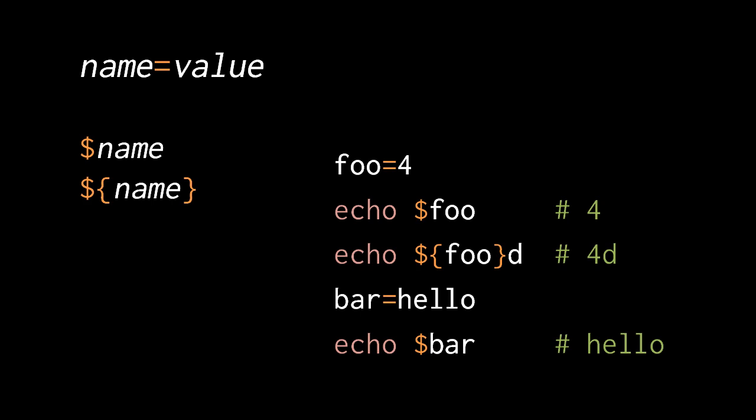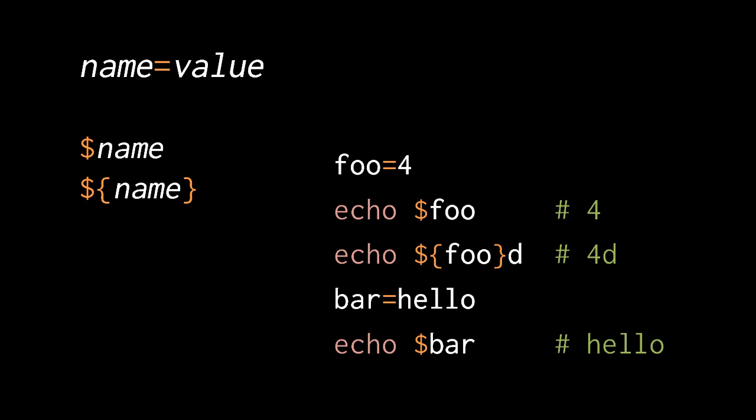Then if we invoke the echo command with an argument of $foo, $foo gets expanded, or replaced, with the value of the variable, which is text consisting of a single character, the digit 4. So what this echo command will print to standard out is just the digit 4, not a $, not foo. That gets replaced with the value.